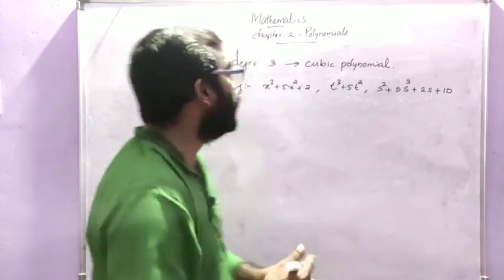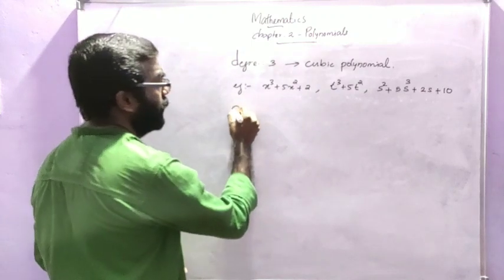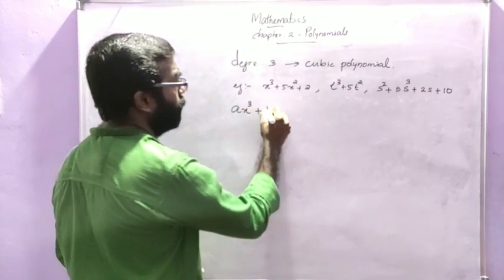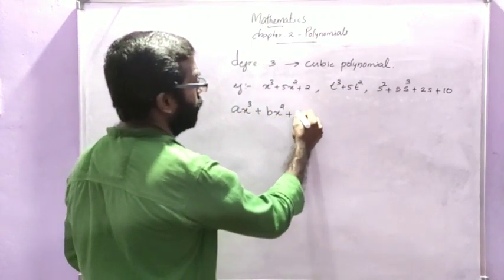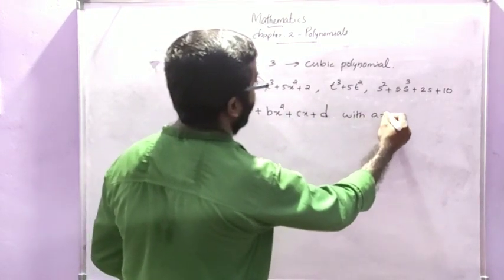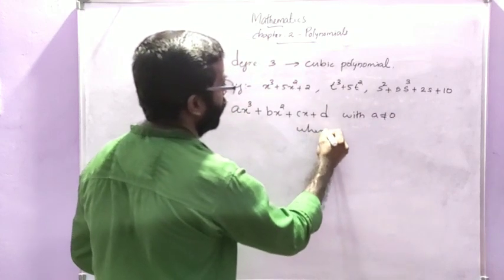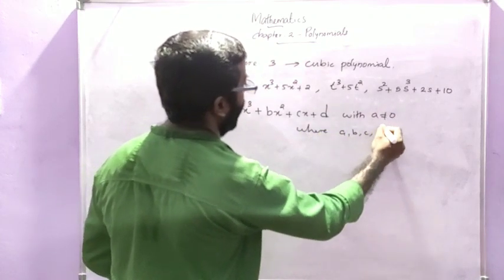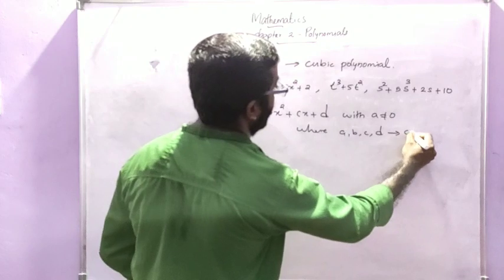Now the general form of a cubic polynomial is ax cube plus bx square plus cx plus d with a not equal to 0 where a, b, c and d are constants.